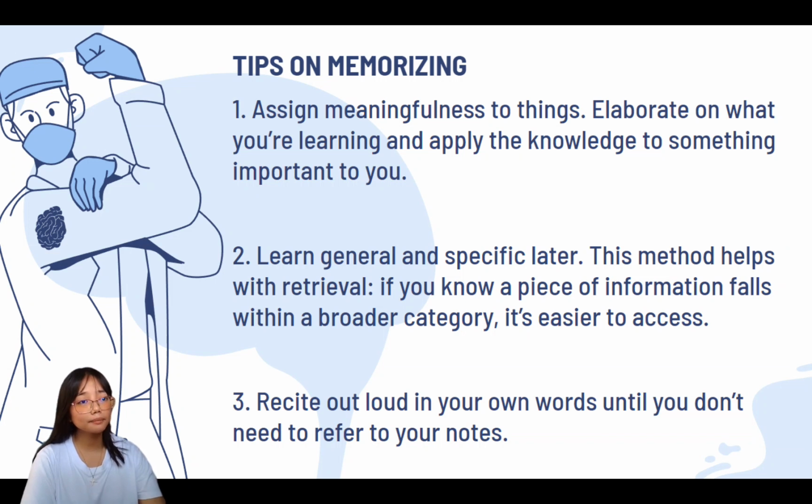The second tip is learn general and specific later. This method helps with retrieval of information. So, if you know a piece of information falls within a broader category, it is easier to recall. General learning refers to the acquisition of broad general knowledge and skills that are applicable in a variety of situations.